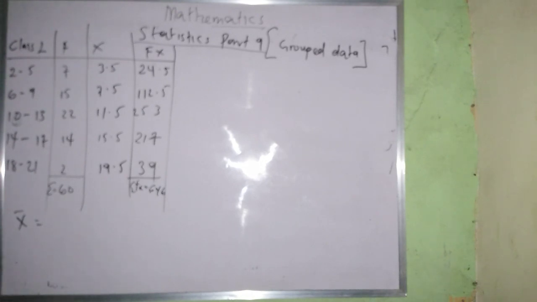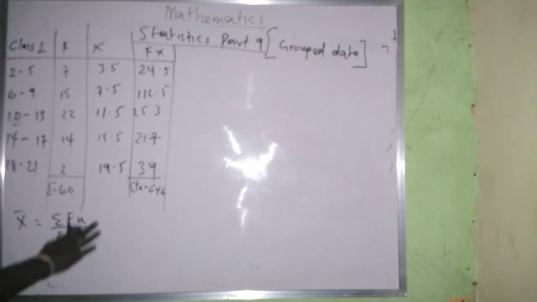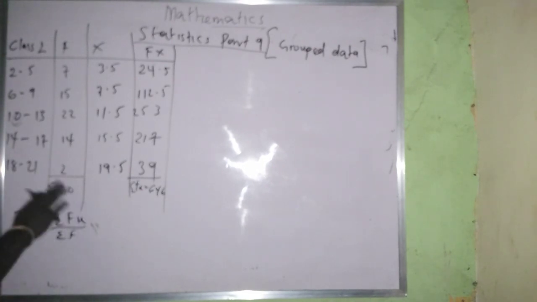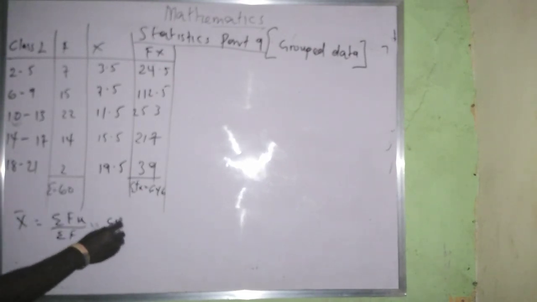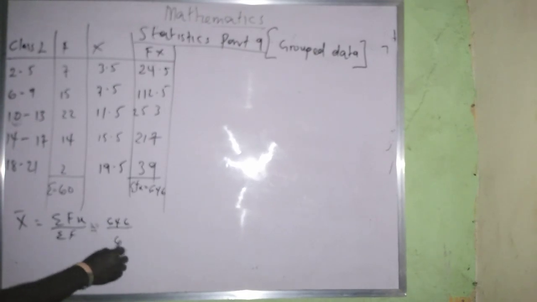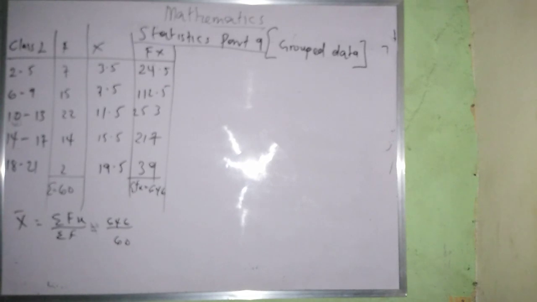Now, my mean is the summation of fx all over summation of f. Dividing 646 by 60 with the calculator, I get my mean equals 10.8.